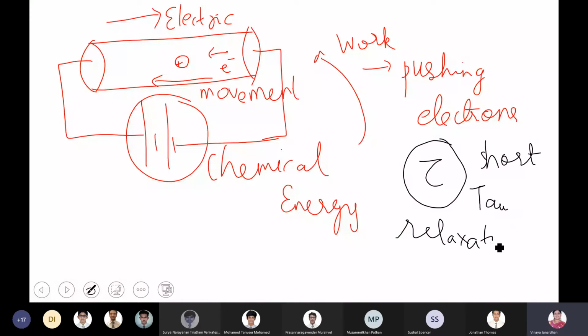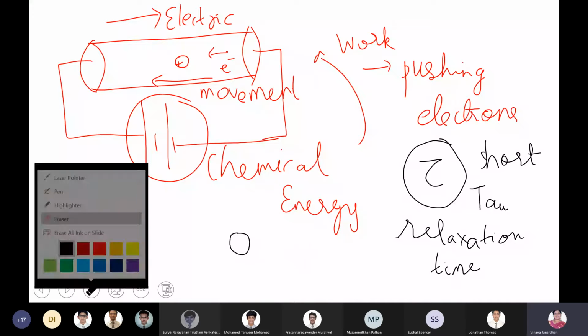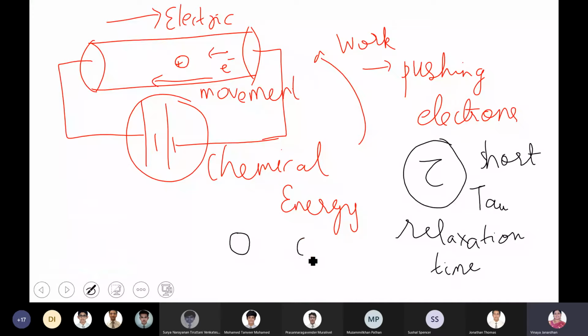Only during this time the electrons get accelerated. Suppose the electron, after a collision, goes and collides with an atom. It collides with a number of positive ions or atoms. The time taken for the electron to travel between two successive collisions.